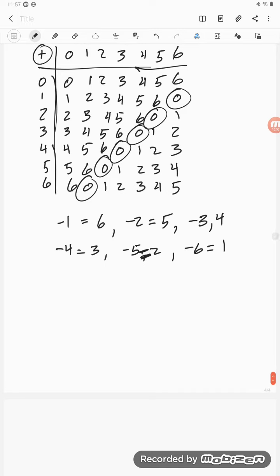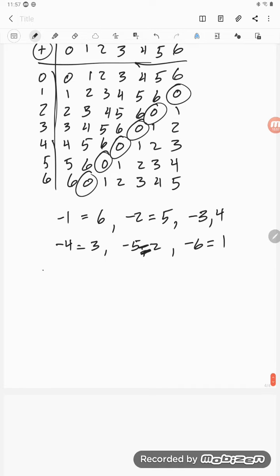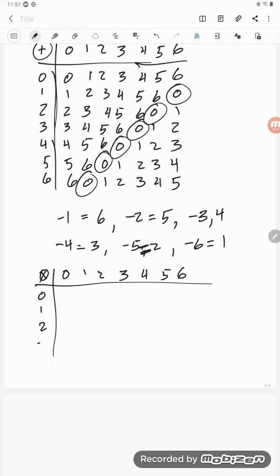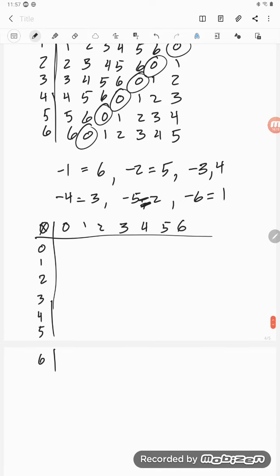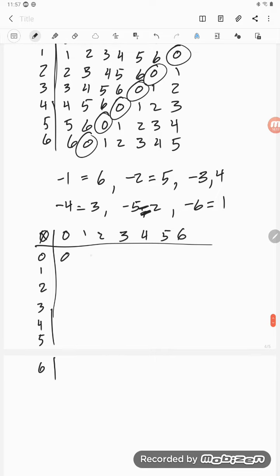Similarly, we can do our multiplication table. 0, 1, 2, 3, 4, 5, 6 across, and 0, 1, 2, 3, 4, 5 down. Next page there. 0 times anything is 0, so that's easy enough, so we put those in.